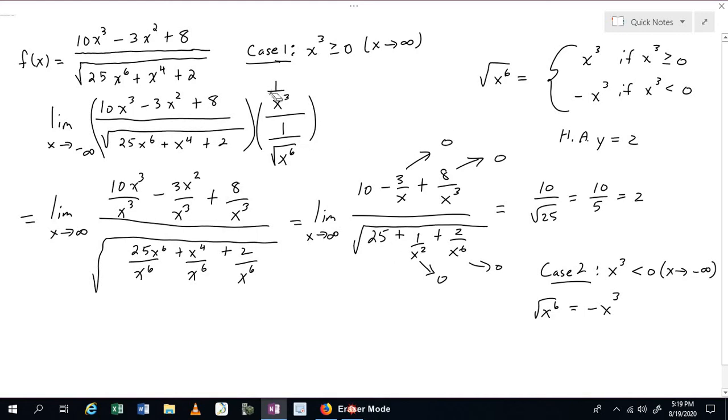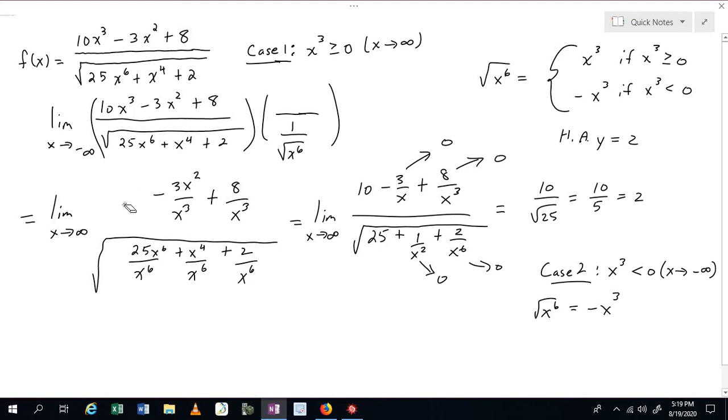Okay, and so when we go and multiply by this 1, we need to be very careful about whether it's actually equal to 1 or not. So let's take the bottom part and we're going to multiply on the bottom by 1 over the square root of x to the sixth.